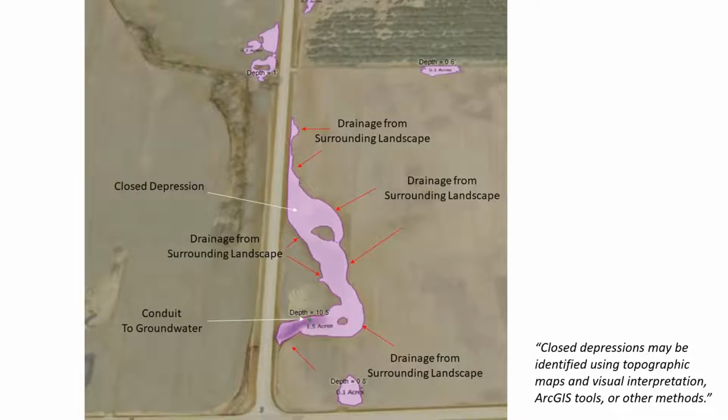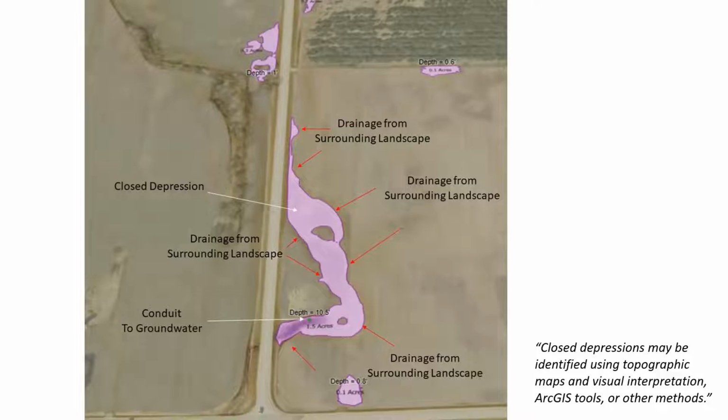So one of the ways is to use ArcGIS tools or other methods. In Door County, like some other counties in the state, contracted creation of a closed depression layer using our recent LiDAR data. It also combines a culvert inventory and a hydro-enforced digital elevation model.